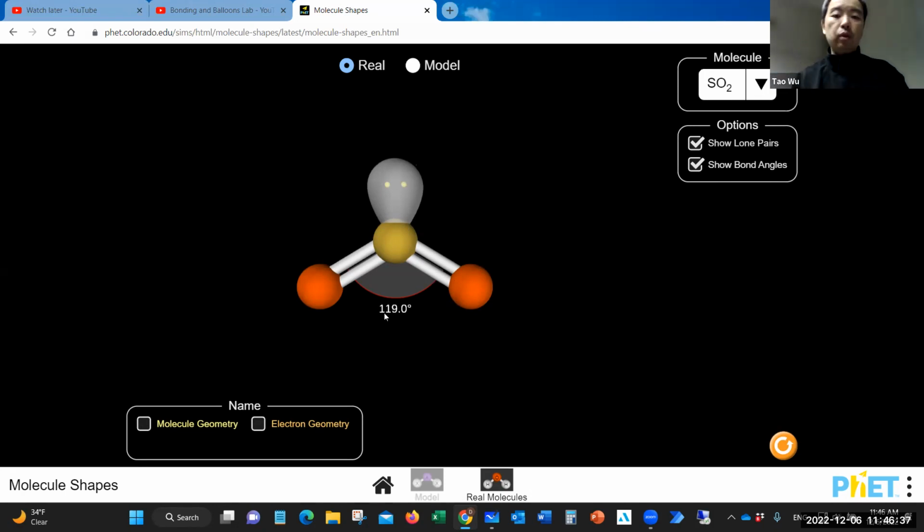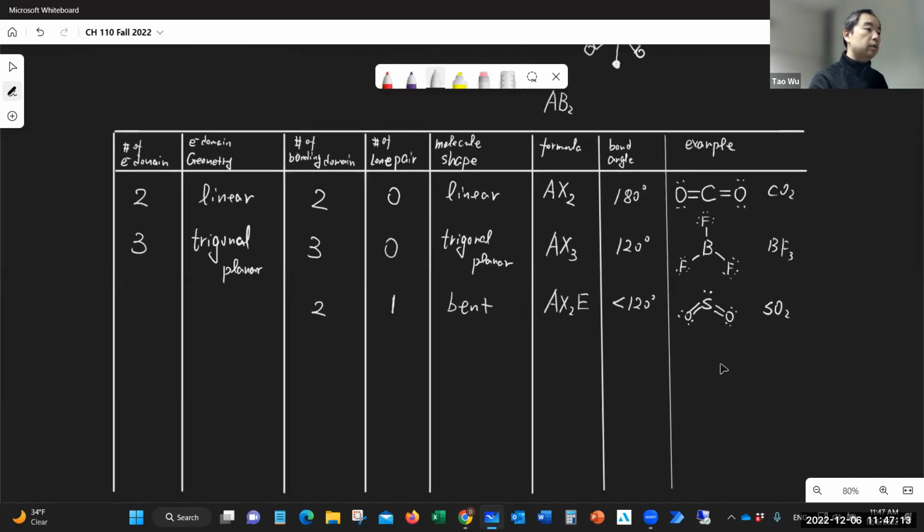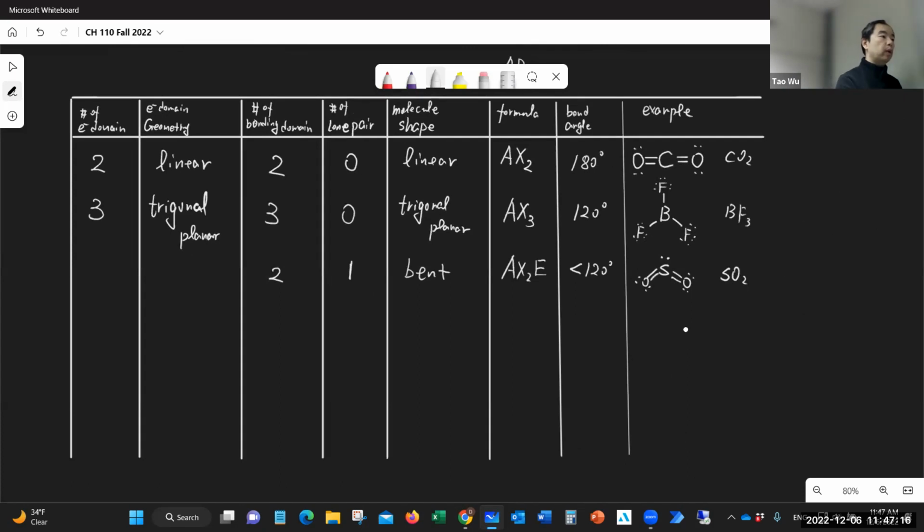So SO2 has a sulfur inside and 2 oxygens and 1 lone pair. So the bond angle is smaller than 120, but it's not exactly 120. So this is the options if we have 3 electron domains.